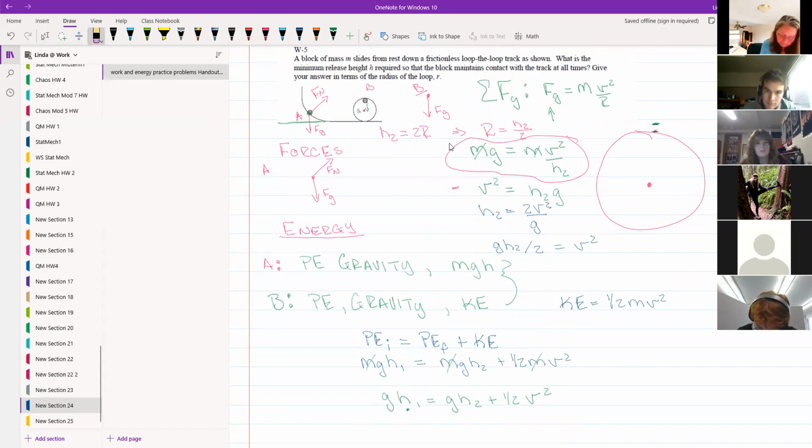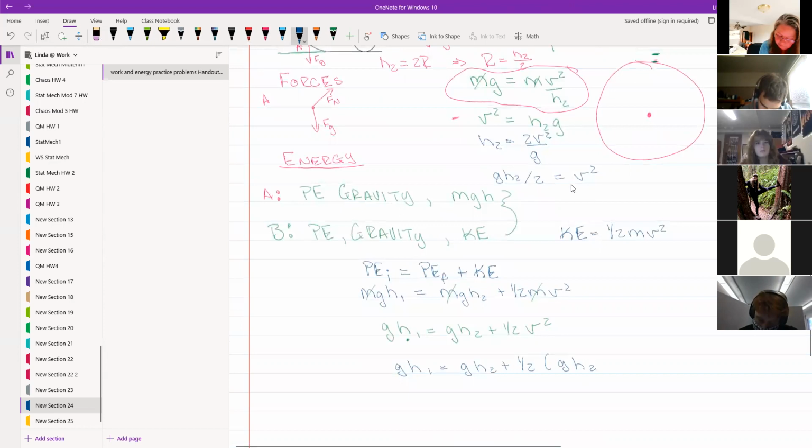So I'm going to start here, clean. I get gh1 equals gh2 plus 1/2 times my v squared. My v squared is gh2 divided by 2. And then once again, my g's cancel.